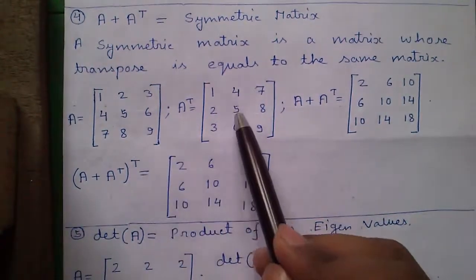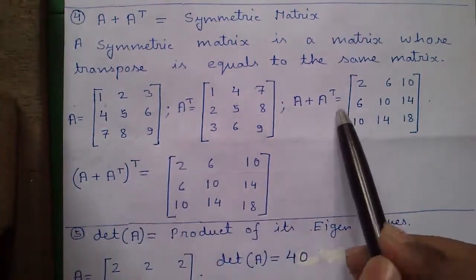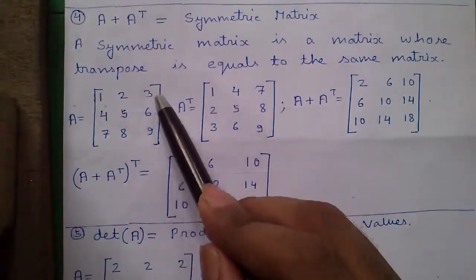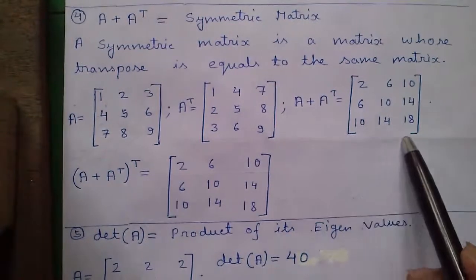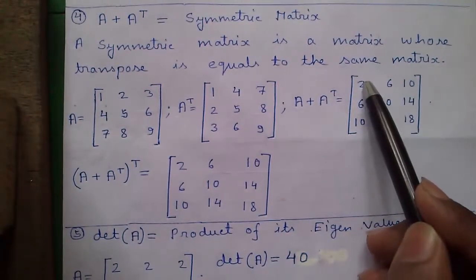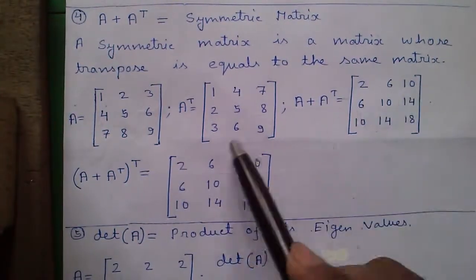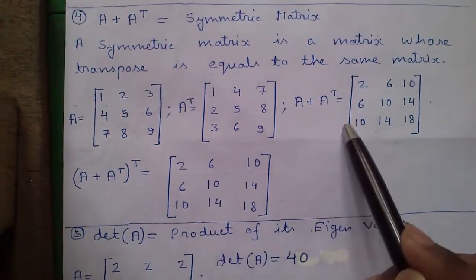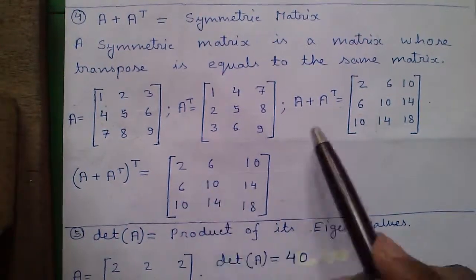So we will get transpose of matrix A, and A plus AT will be 1 plus 1 is 2, 2 plus 4 is 6, 3 plus 7 is 10, and so on. So this is our A plus AT matrix, and if we transpose it, that means if you write the rows column wise, so 2 6 10, 6 10 14, 10 14 18, we will get the same matrix.